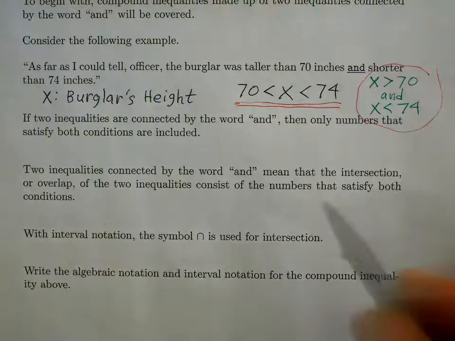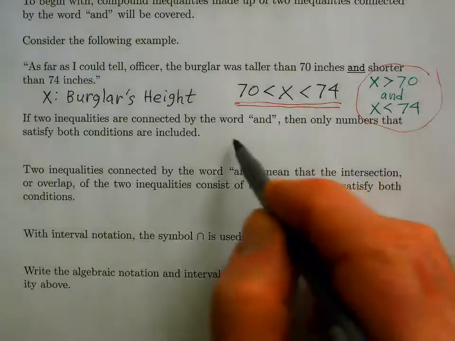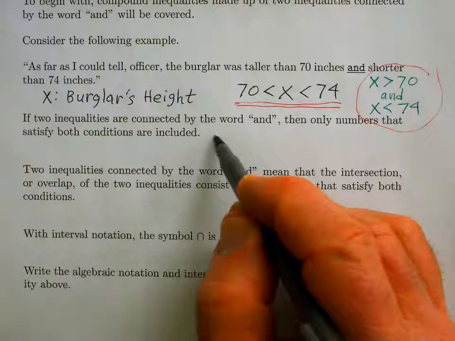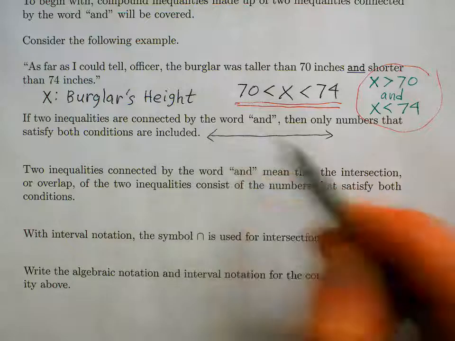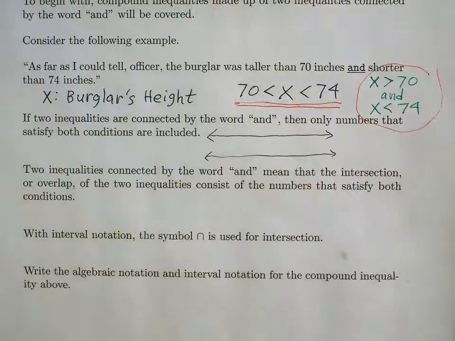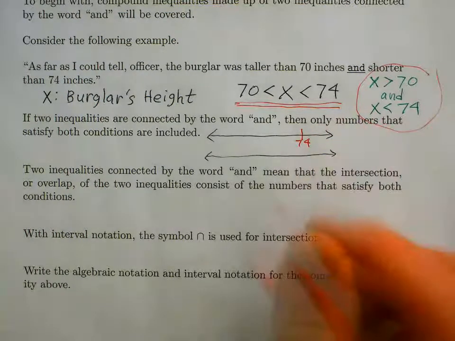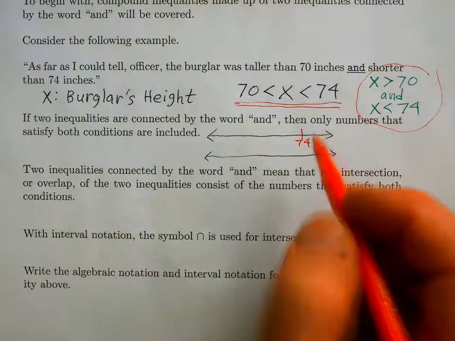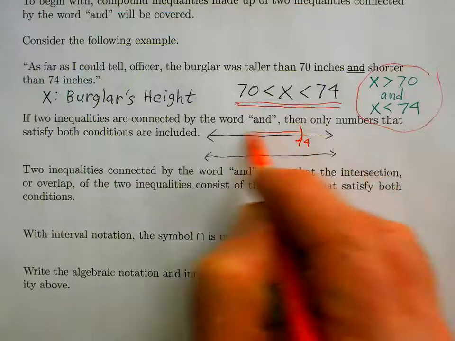So I'll try to squeeze in a little graph here. I'll draw two number lines. On the top one, I'll graph x is less than 74.